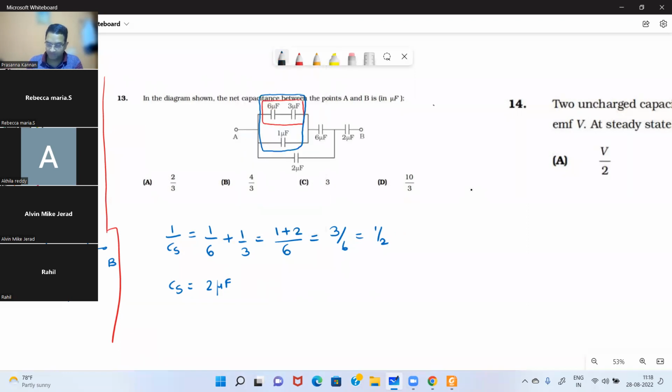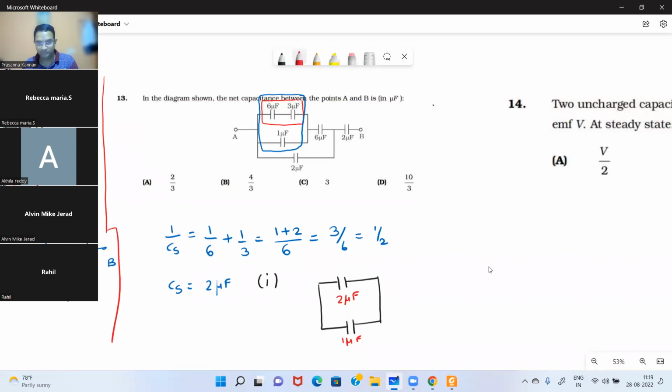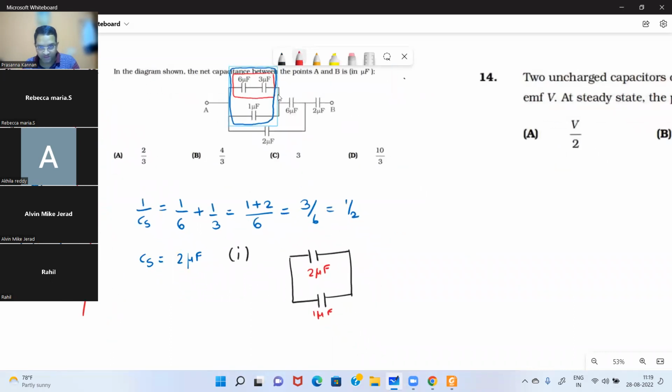Okay, let's go step by step. So first step. We are just simplifying the first 2 capacitors on the top. So the effective capacitance becomes 2 microfarad. Then that capacitor is in parallel with 1 microfarad capacitor, right? Then that combination is in series with 6 microfarad. Do you agree?